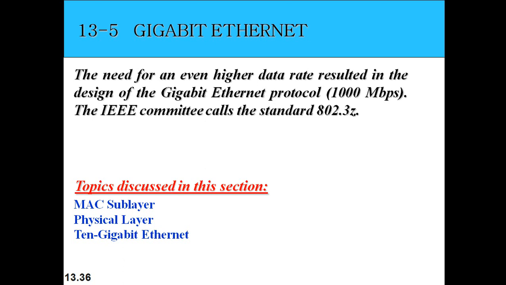When it comes to this gigabit Ethernet approach, we are very much interested in how we are going to deal with medium access, where we are using two approaches. One is a half duplex mode, another one is a full duplex mode.